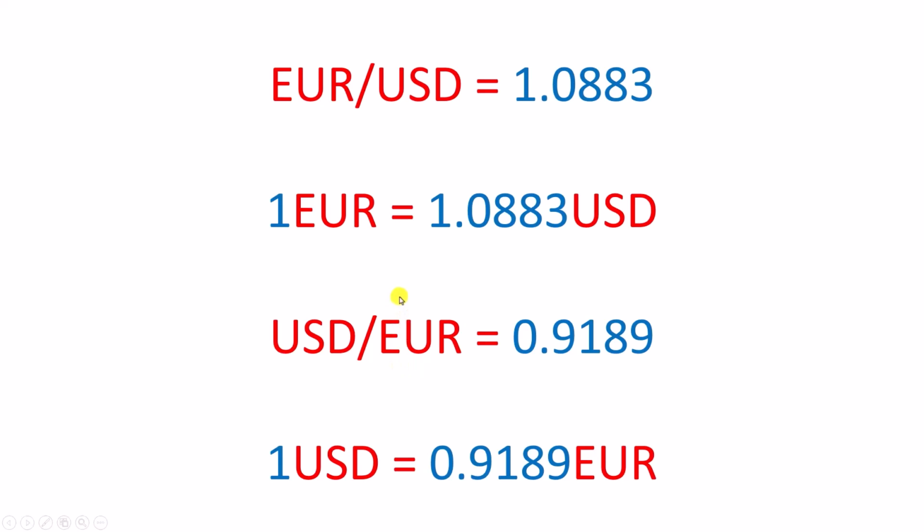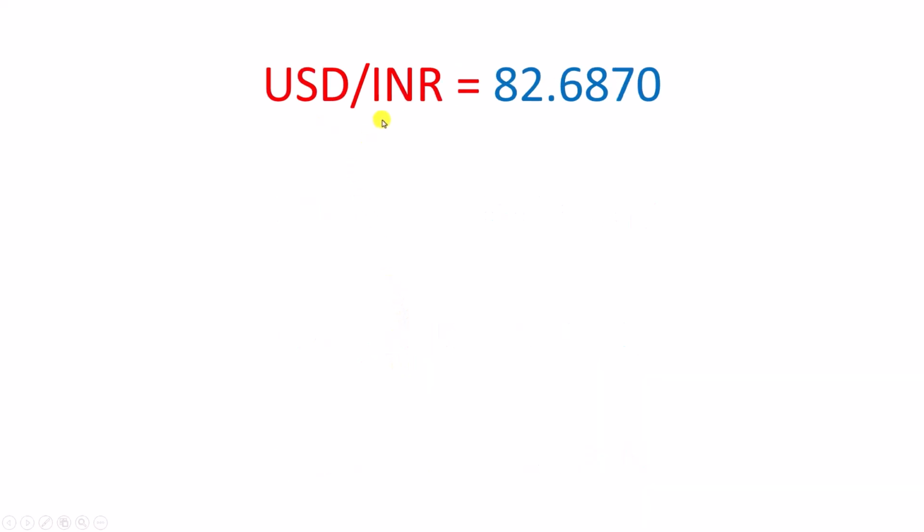Let me take one more example of USD and INR. USD is the American dollar. This is the base currency here because it is to the left. INR is the Indian rupee, which is the currency of our country, India. And this is the exchange rate. How to interpret this?